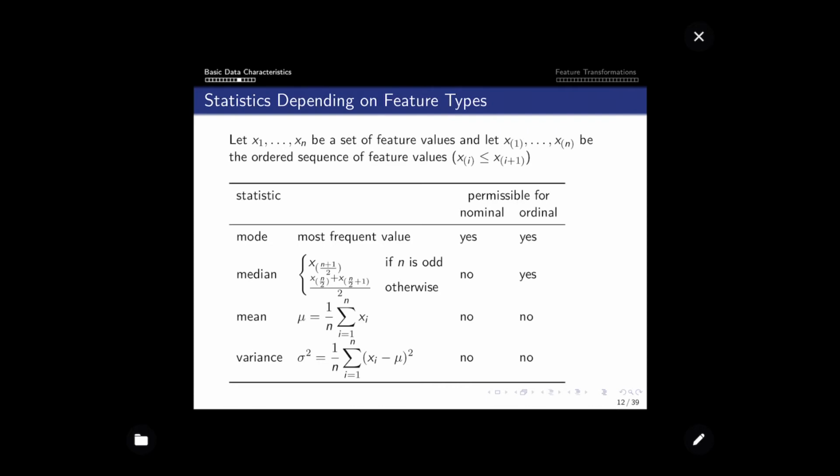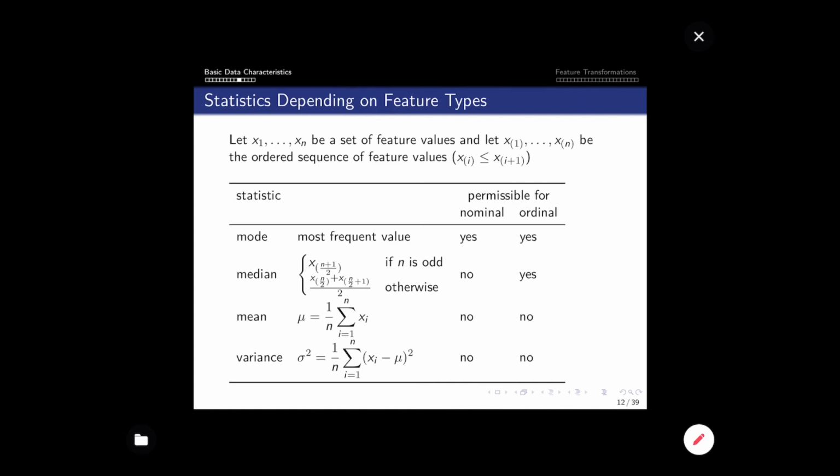Okay, so now let's have a look at the statistics we can use depending on the feature types. Most of the statistics you know are eligible for quantitative data, but not always for qualitative data. So let's have a look at what we can reasonably do.